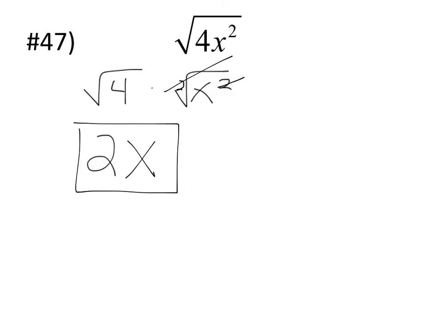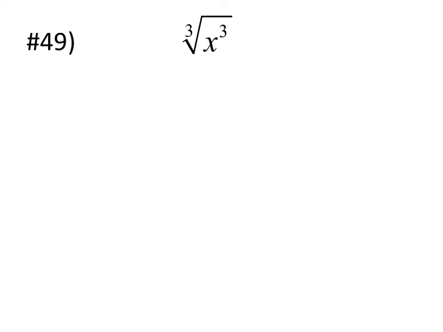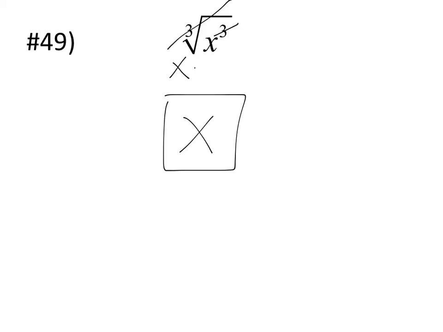So your answer is actually just 2x. All right, same thing here. Index and exponent the same, so your answer is just x. Or you could look at it this way. X cubed is x times x times x. In order to be able to bring it out front, you need 3 of them. So 1, 2, 3 brings 1 out front, and nothing is left on the inside.